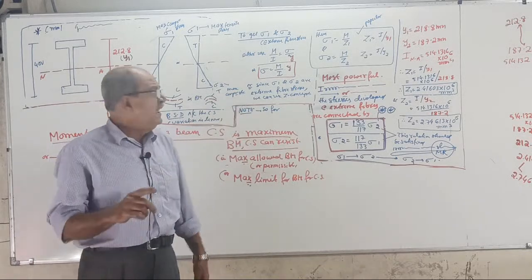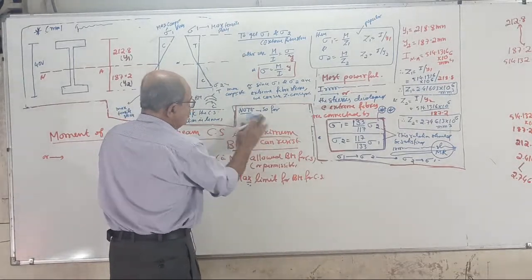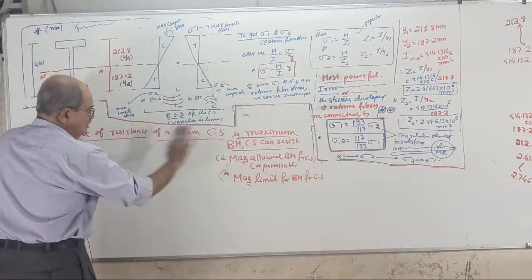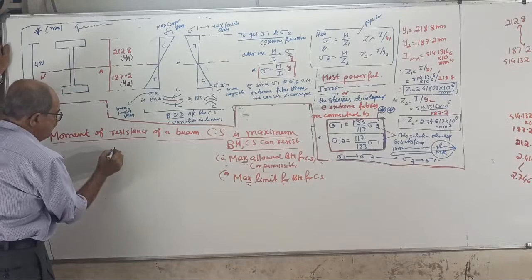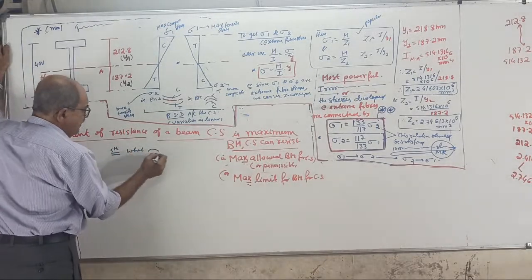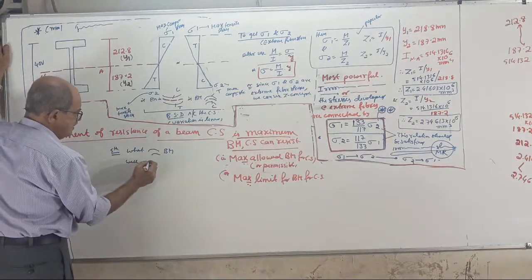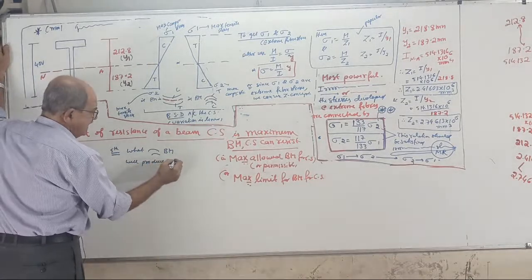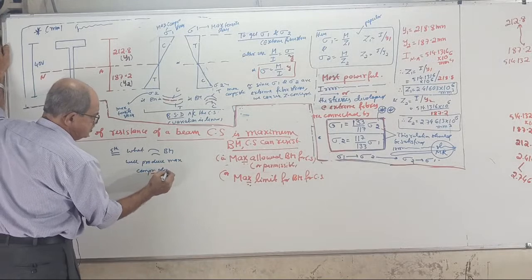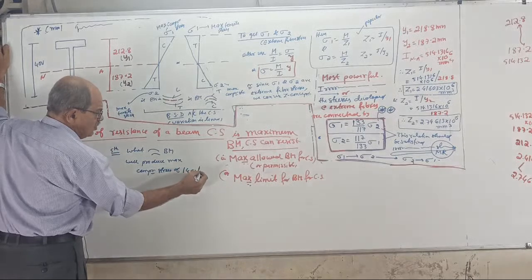Now make a note. Suppose 5th question, I'll give 2 more questions now. 5th question: what hogging BM will produce maximum compressive stress of any random value, 140 Newton per mm square?